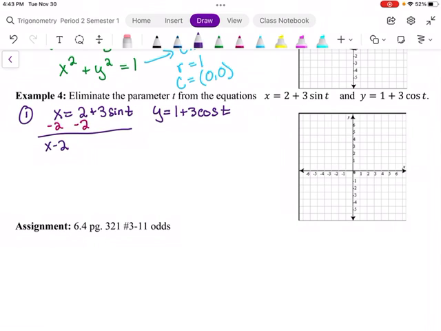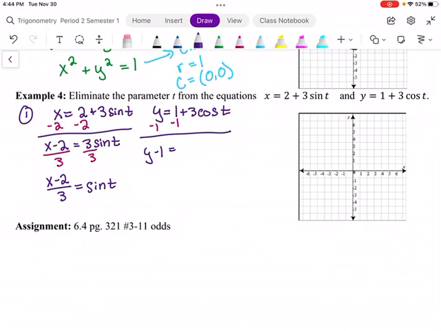And then we're going to divide by 3. And we'll go ahead and do that again on our second equation. We started by subtracting 1 and then dividing by 3 again.